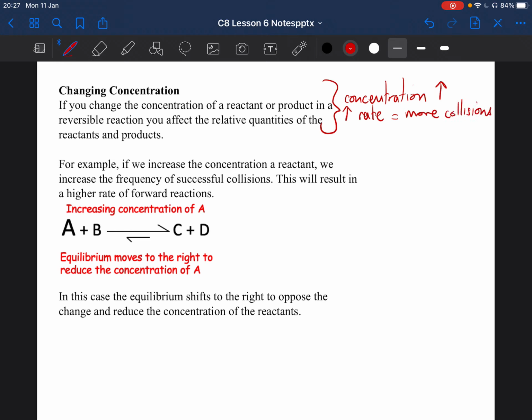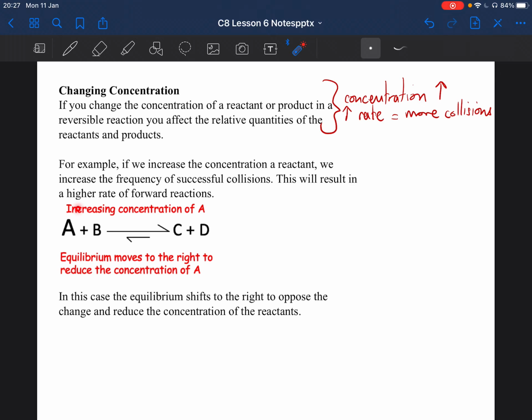So the same thing will happen here. It will have a similar effect. If you increase the concentration of a particular substance in that reaction vessel, there are more of it moving around, which means they are more likely to collide with something else, and we get a frequency of successful collisions increasing.